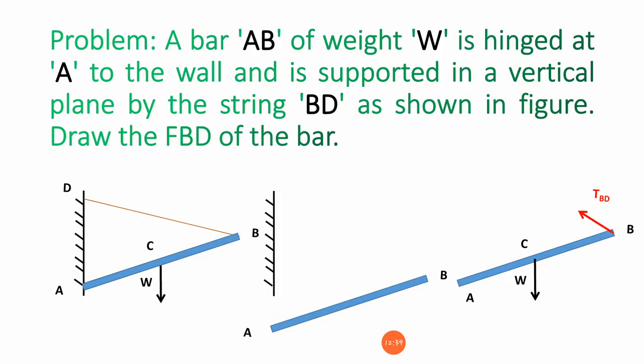Then what is the reaction force at A? In this case, the reaction force is going to be acting inclined. We don't know exactly, because it is hinged, which means we have an X force and a Y force, and combined it is called the reaction force acting at A. So what I am going to do is extend the line of action of the weight in the upward direction.